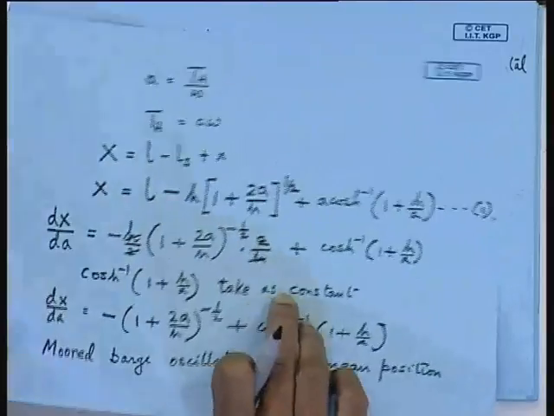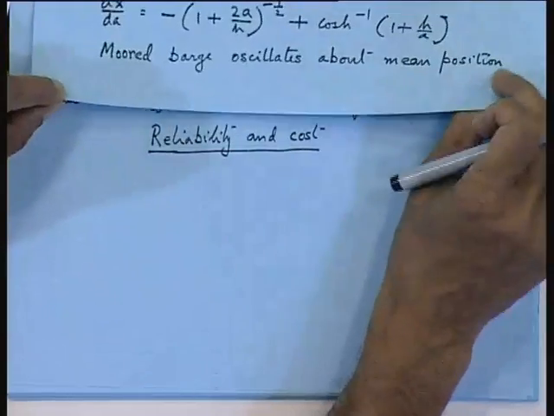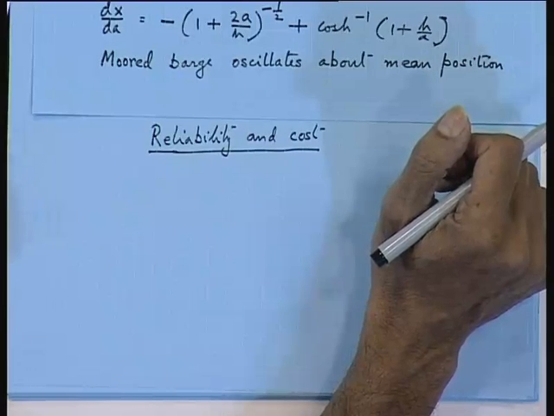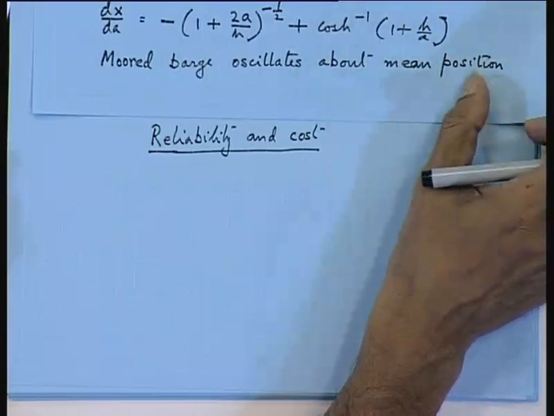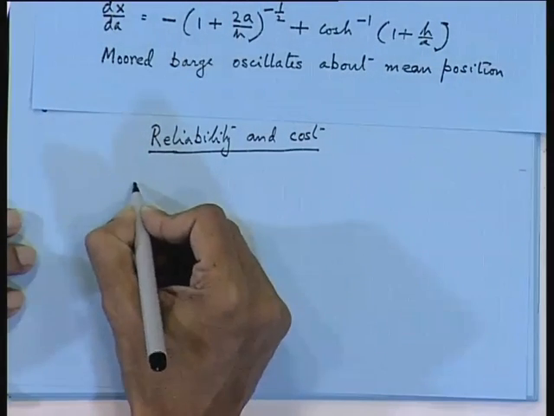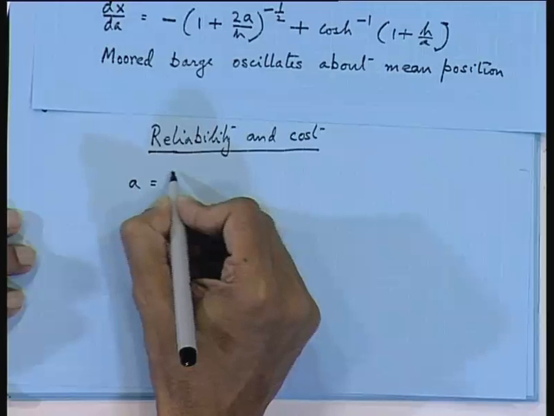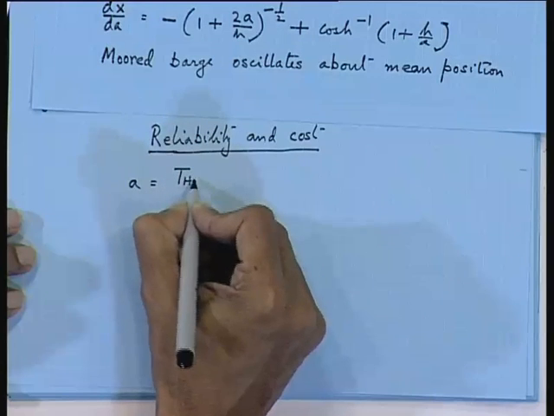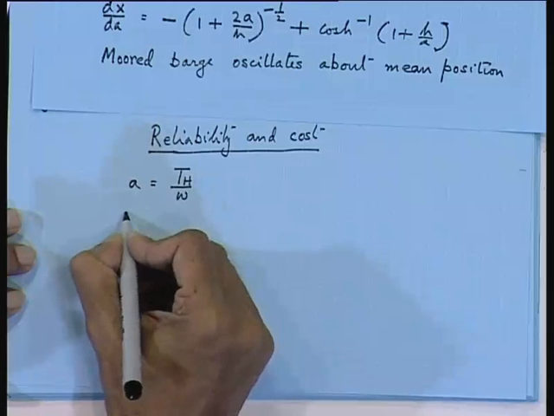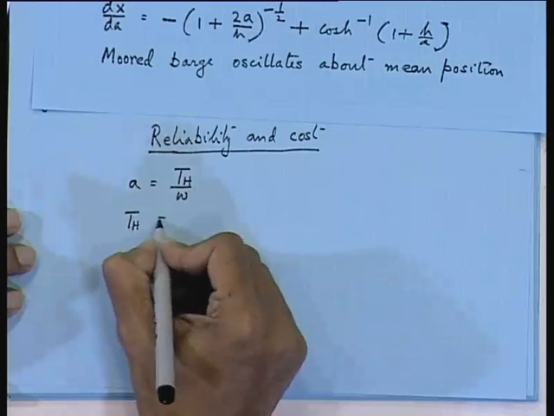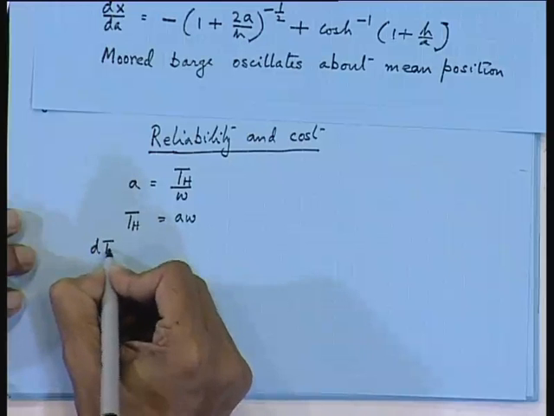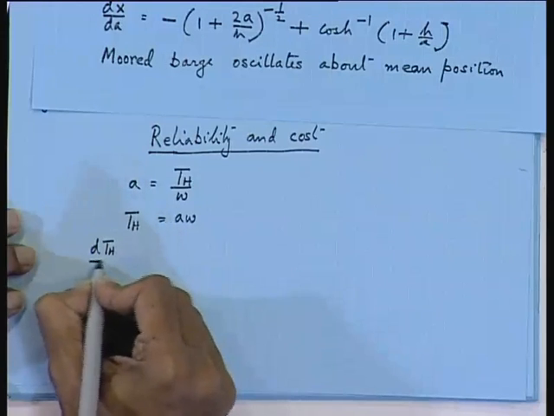So dx by dA we have found out. Now the point that we have to calculate is the cable stiffness. Now we have assumed that this A is equal to TH by W. So now you try to find out from this expression what is the value of dTH over dx.